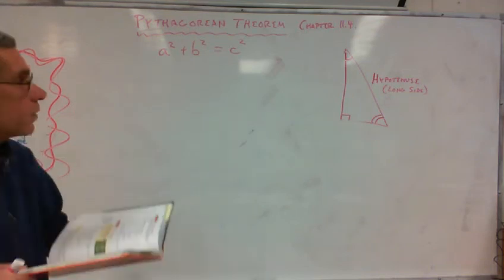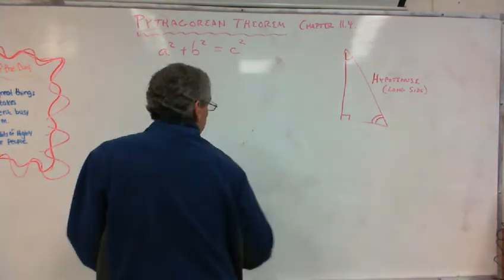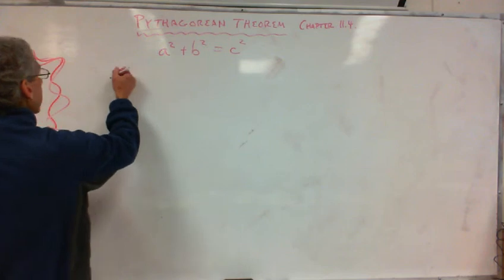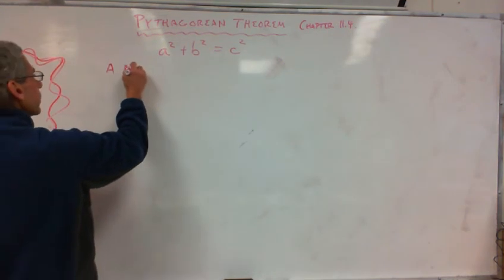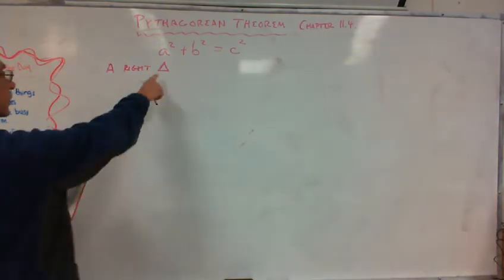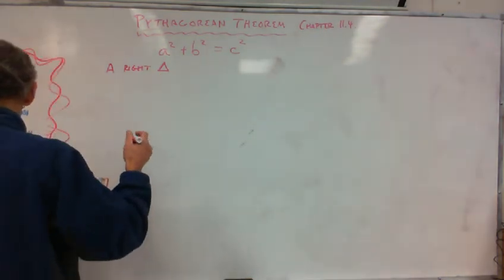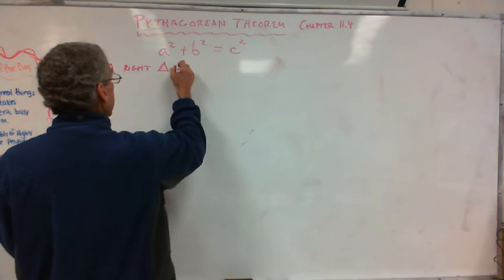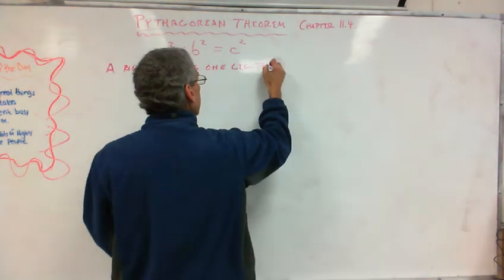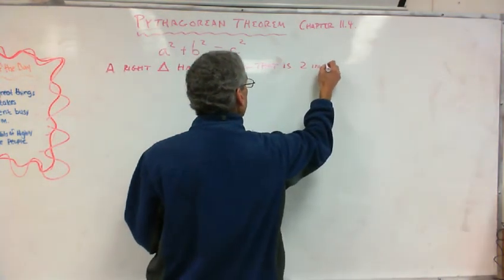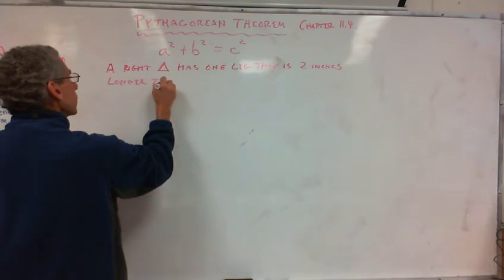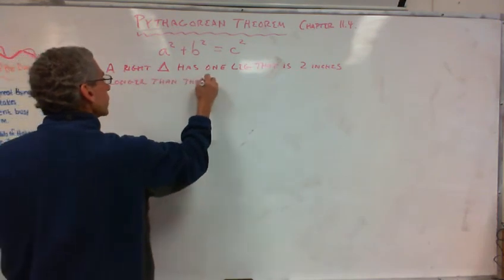Okay, a right triangle. Actually, let me erase this because I want to have the space to do this. So write this down. A right triangle, and that's my abbreviation for triangle, has one leg that is 2 inches longer than the other leg.